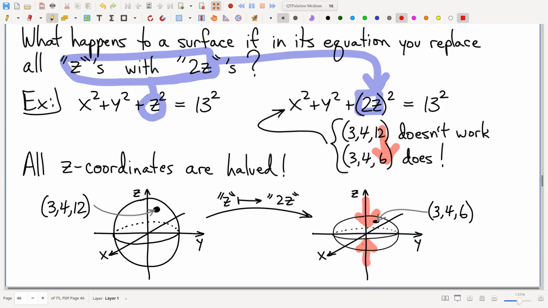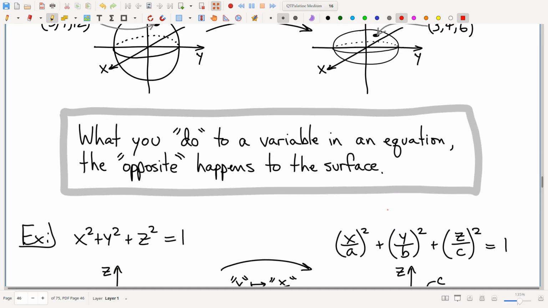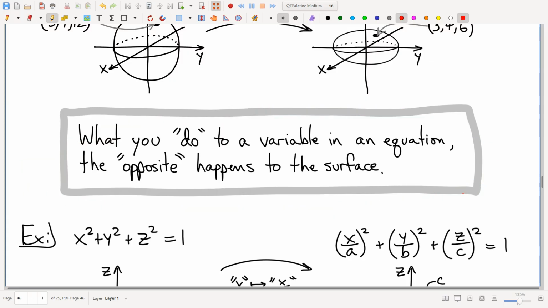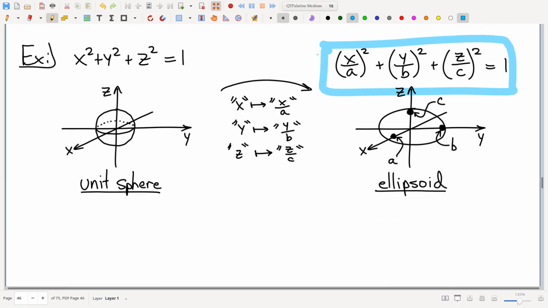Okay, so this is a pretty generalizable thing. In some sense, whatever you do in the equation, sort of the opposite happens to the surface, again in anticipation of whatever it was that you did in the equation. And so you can apply this in a lot of different ways. Here's another example. How would I figure out what this looks like?